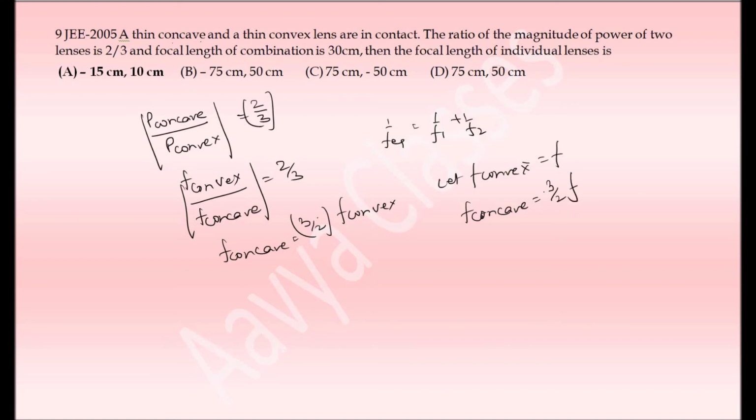and again, it's a concave lens, so its focal length will come with a negative sign. Now the formula of equivalent focal length of this combination is 1 by f equivalent is equal to 1 by f convex plus 1 by f concave, and f convex is equal to f, so 1 by f plus, and f concave is minus 3f by 2, so 1 by minus 3f by 2.